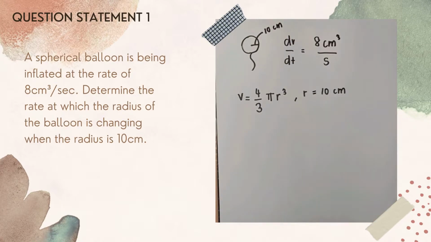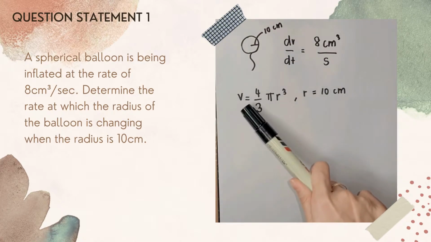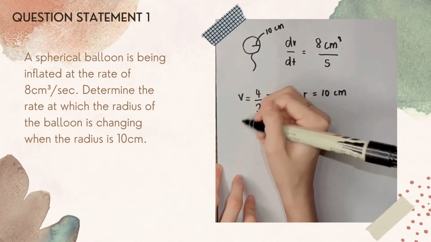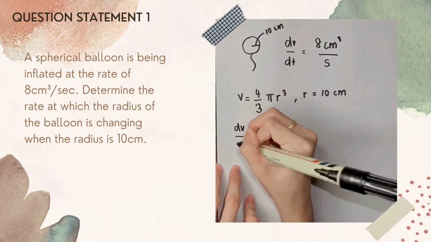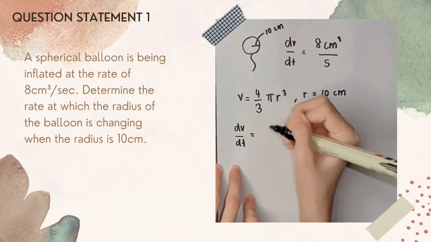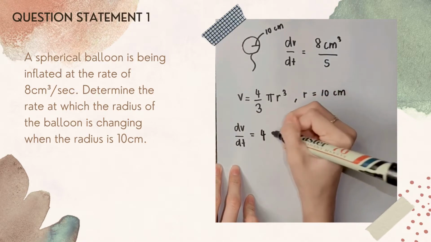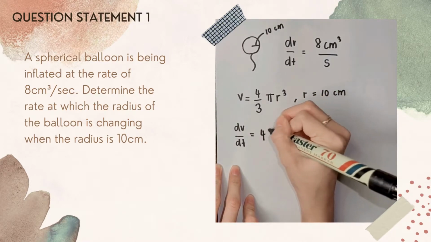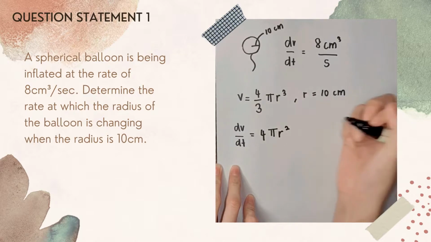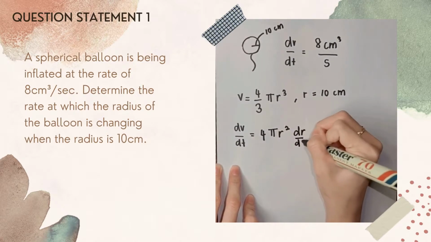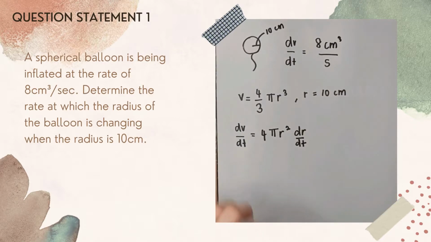Step 4. Differentiate step 3 both sides with respect to time. We use implicit differentiation. dV over dt equals 4 times pi times r squared times dr over dt. Step 5.